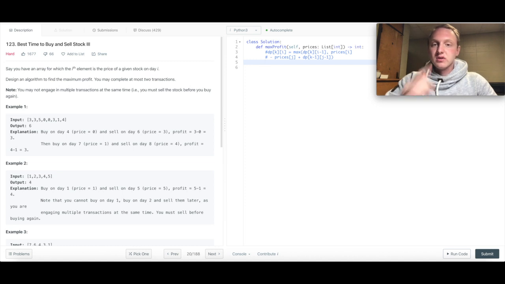Okay, so first thing we want to do, we want to create our dynamic programming table, which in Python there's actually a really nice way to do that.